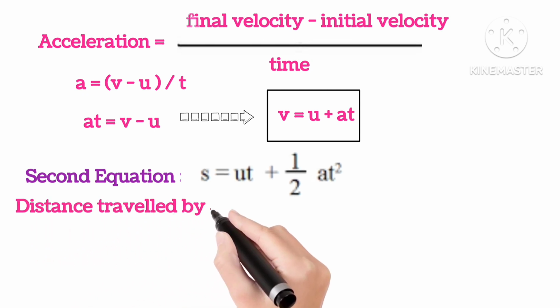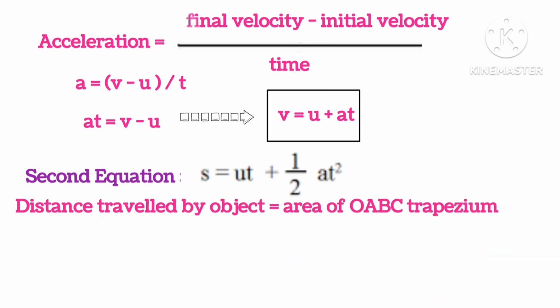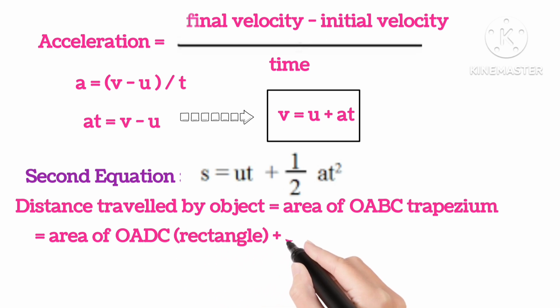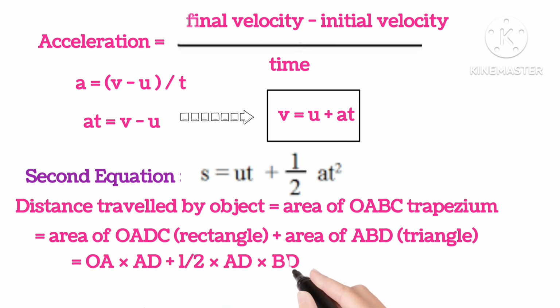Second equation is s is equal to ut plus half at square. For this, the distance travelled by the object is equal to area of trapezium OABC, which is equal to the area of rectangle OADC plus area of triangle ABD, which is equal to OA into AD plus half AD into BD.